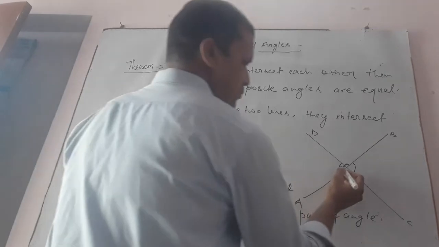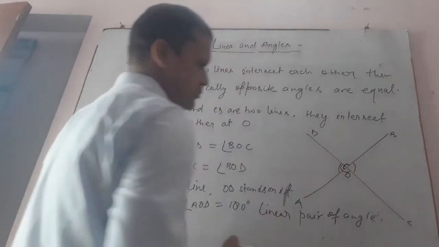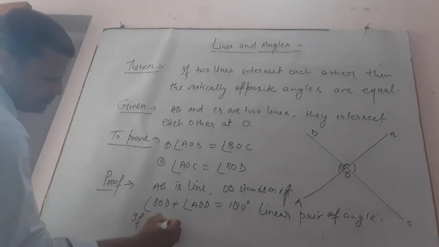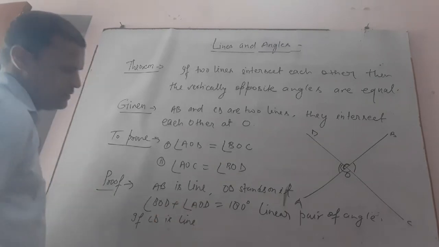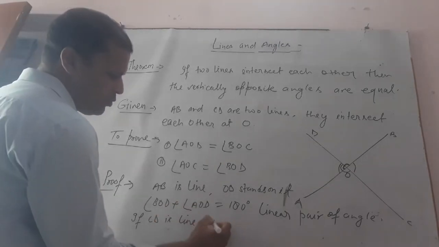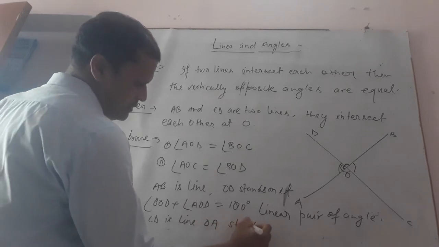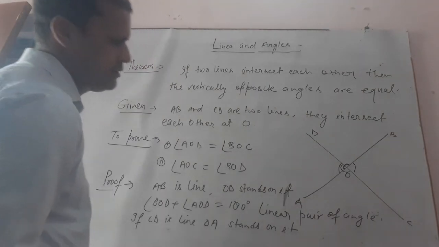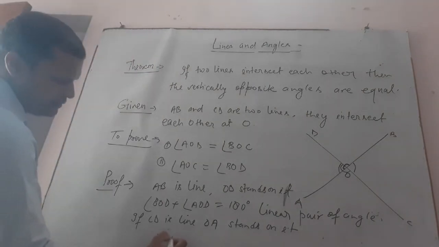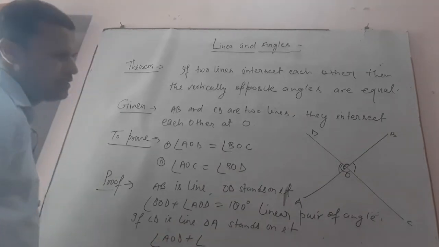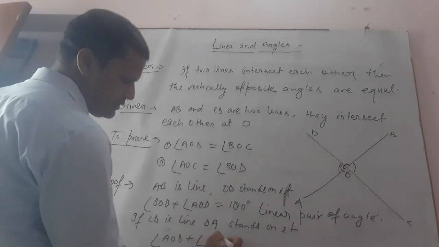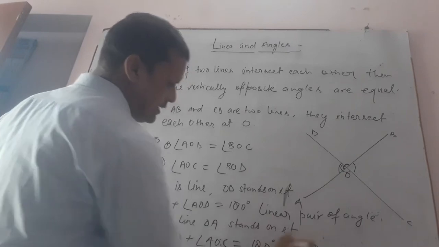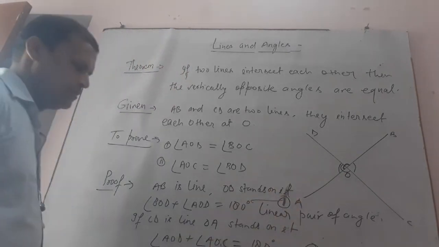Now we can take these two. If CD is a line and OA stands on it, then angle AOD plus angle AOC equal to 180. It is equation second, and this one is equation 1. Why?